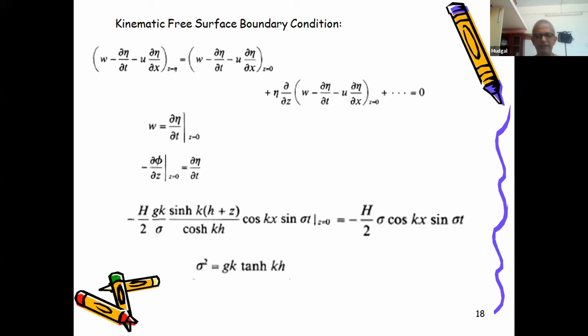Now it's not very easy to solve this equation. Why? Because k is occurring within the hyperbolic function, and k is also occurring here. That means 2 pi by L is occurring on either side.